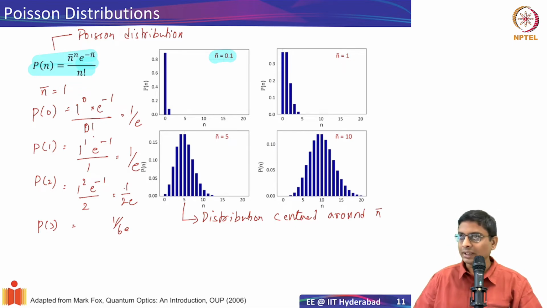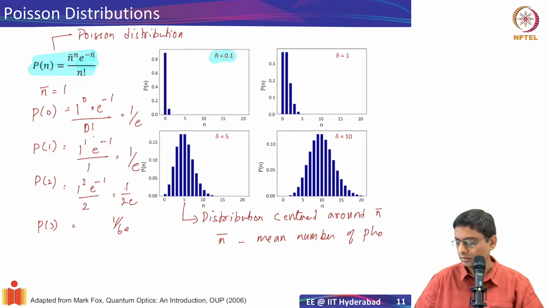It has two important parameters. One is n bar, which is the mean number of photons, and delta n, which is the fluctuation in the number of photons.